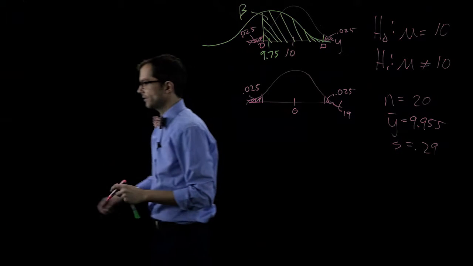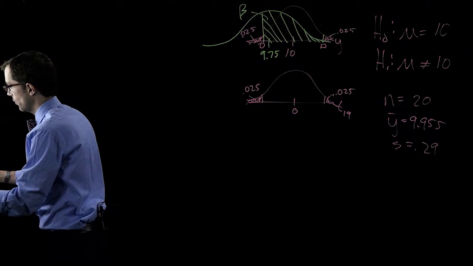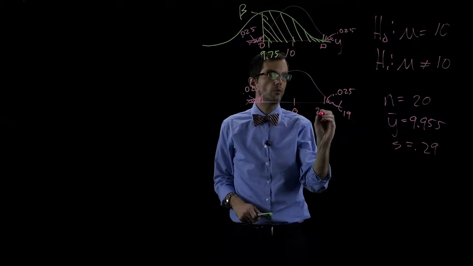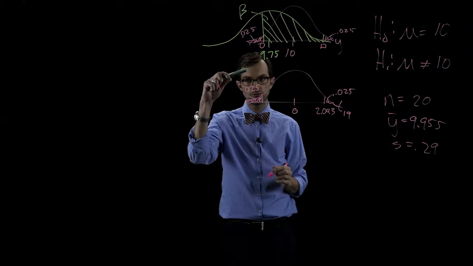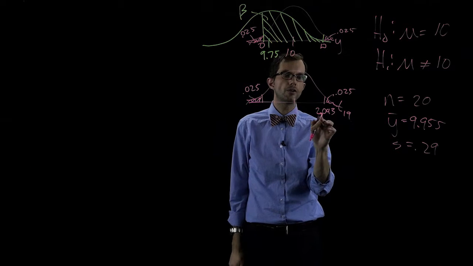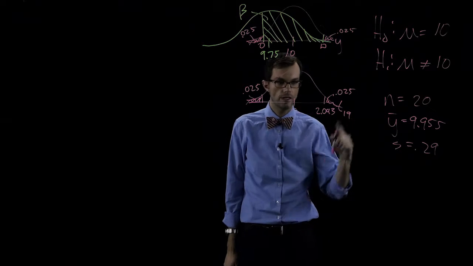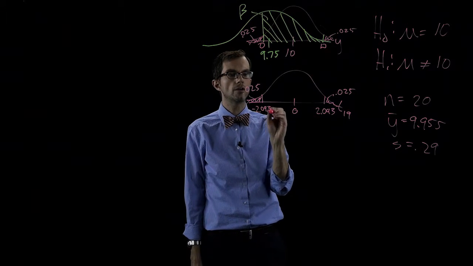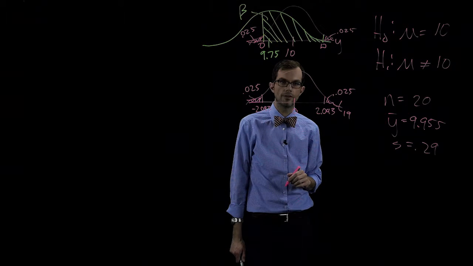If we do that, we should find that the value of t is 2.093. So you go down to row 19 over to 0.025, and you should get a value of 2.093. The symmetric nature of this distribution tells us that value down here is negative 2.093.